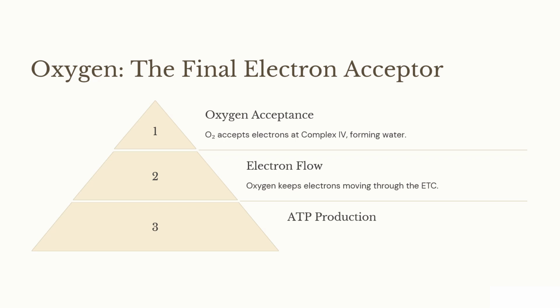Otherwise, if the electrons are not accepted by oxygen properly, then the electron transport chain will stop because the electrons have nowhere to go. This will halt the pumping of the protons, disrupt the proton gradient, and finally stop the ATP production also.